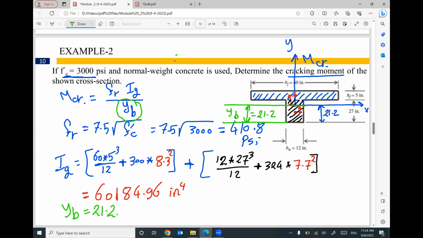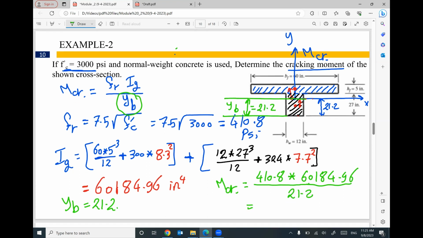Now I can put in my numbers. M critical will equal fr, 410.8, times I gross, 60,184.96, divided by YB, 21.2. So I can figure out my number.